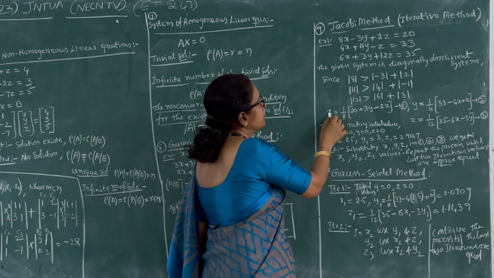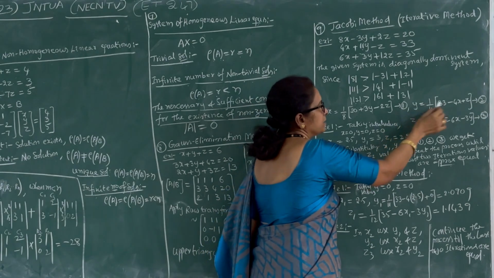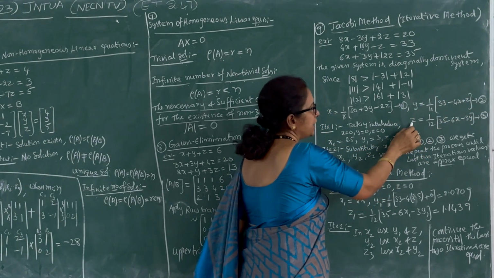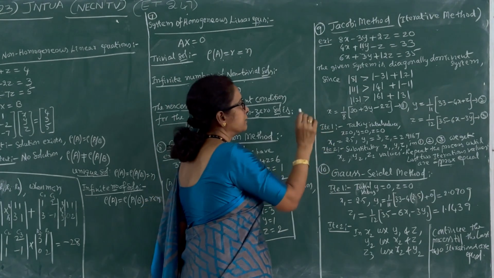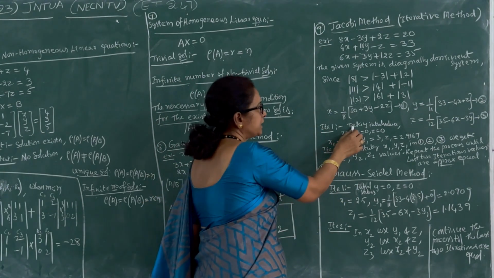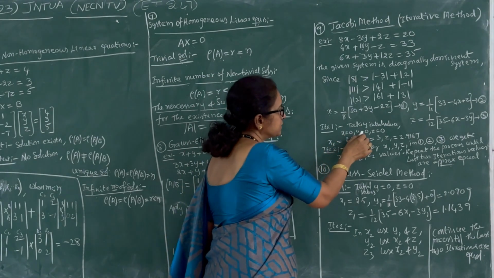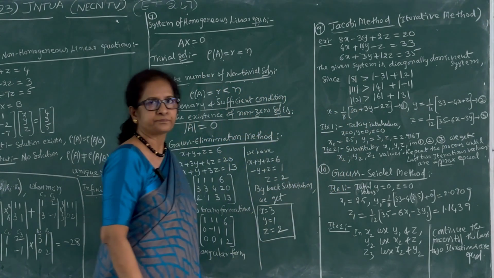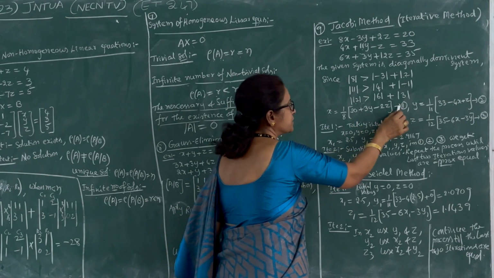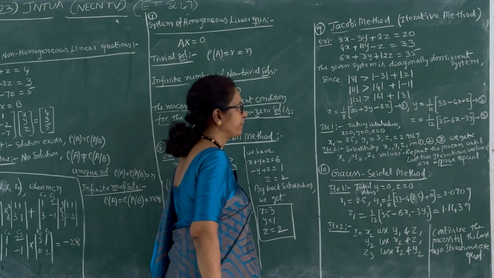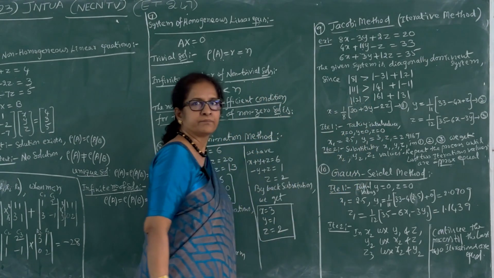Next point, we have to write x in terms of y and z, y in terms of x and z, and z in terms of x and y. In iteration 1, first take initial values as x equal to 0, y equal to 0 and z equal to 0. If you substitute these values in equations 1, 2 and 3, you get x1, y1 and z1.